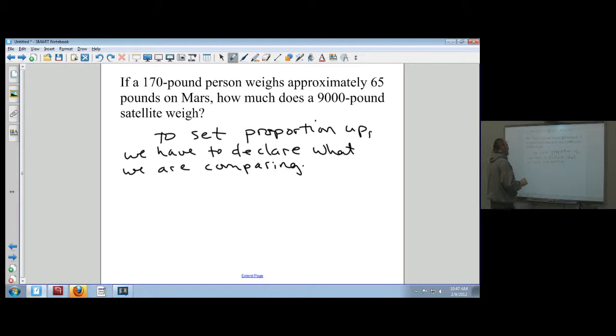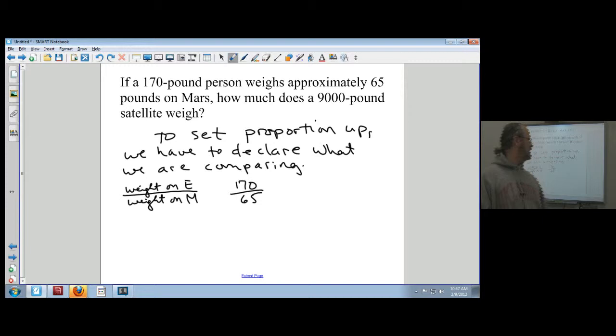We're comparing two items: the weight on Mars to the weight on Earth. So we've got weight on Earth compared to the weight on Mars. A 170-pound person would weigh 65 pounds on Mars. Pounds over pounds, the pounds cancel.